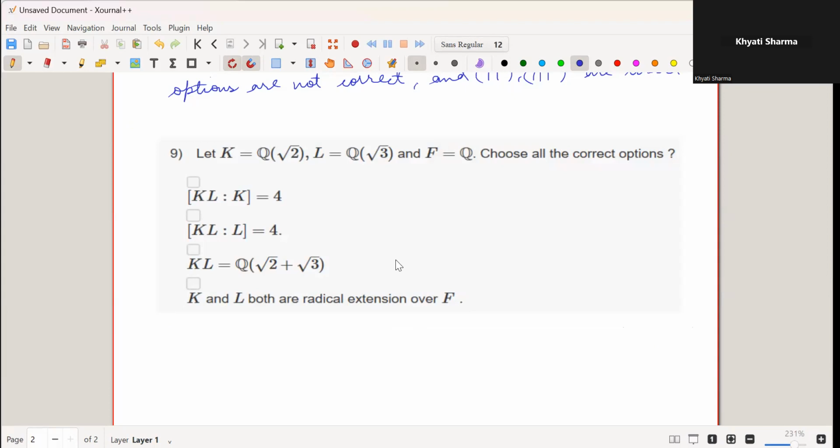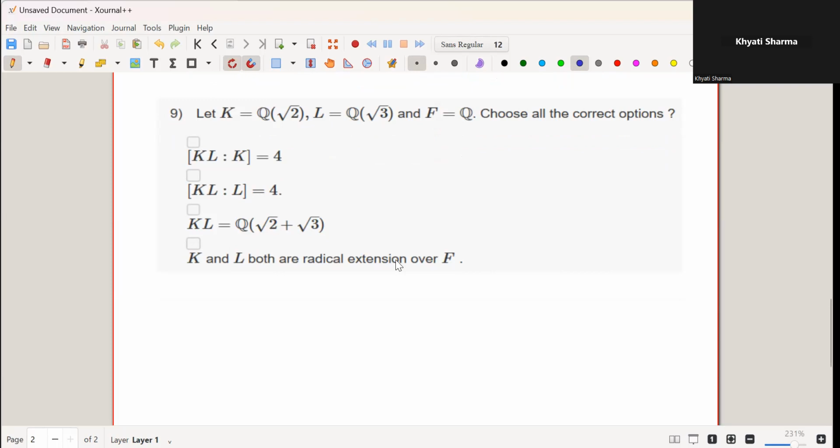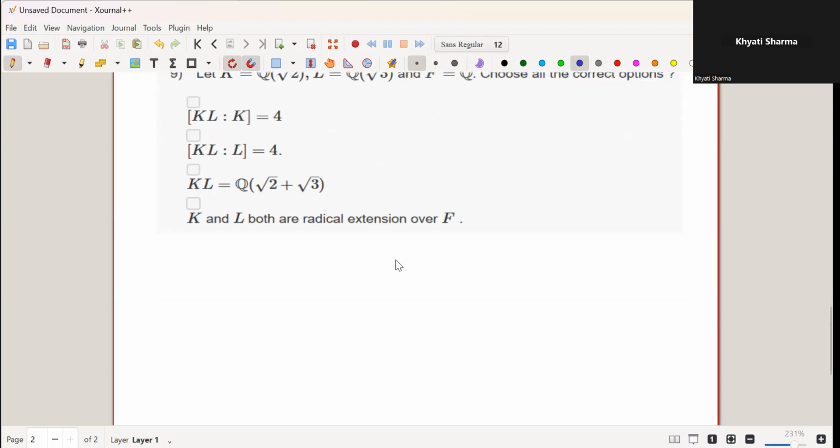The next option says that K is the field Q adjoin root 2, L is Q adjoin root 3, and F is the base field, and you have to choose the correct options. First, KL over K has dimension 4. KL over L has dimension 4. KL is just Q adjoin root 2 plus root 3.